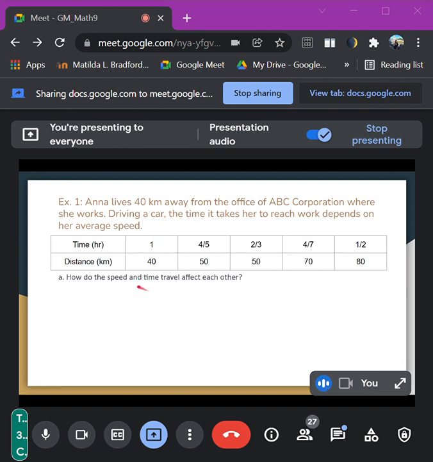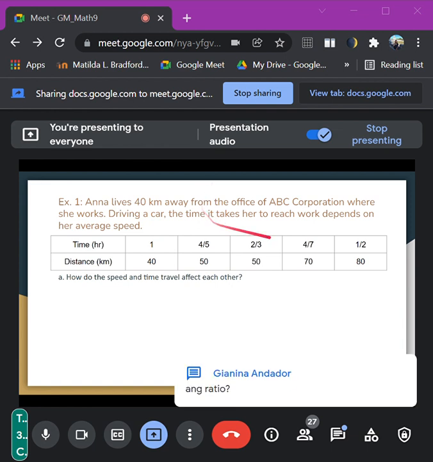Now, here, how do the speed and time travel affect each other? Sige daw. Let's try to answer. By just looking at our table, ang ratio.